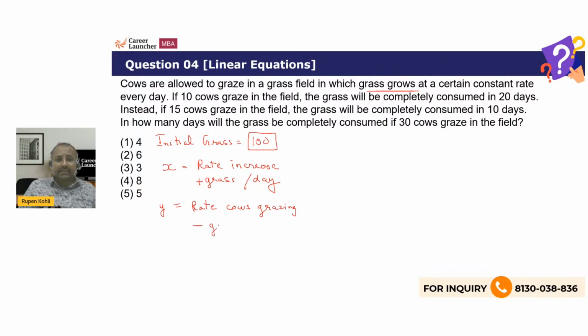So this is a minus change on the grass per day per cow, because it depends, right? The more the cows, the more the grass will be grazed. So I'm taking Y to be the per day per cow change, basically the consumption rate, right? So effectively there are two scenarios defined over here, and we have taken these two variables.